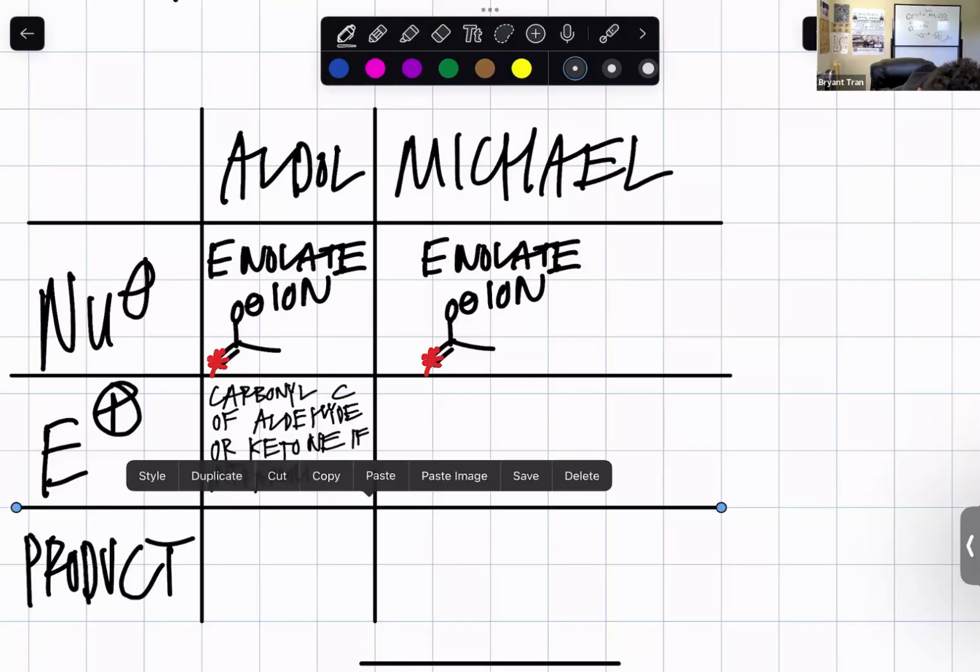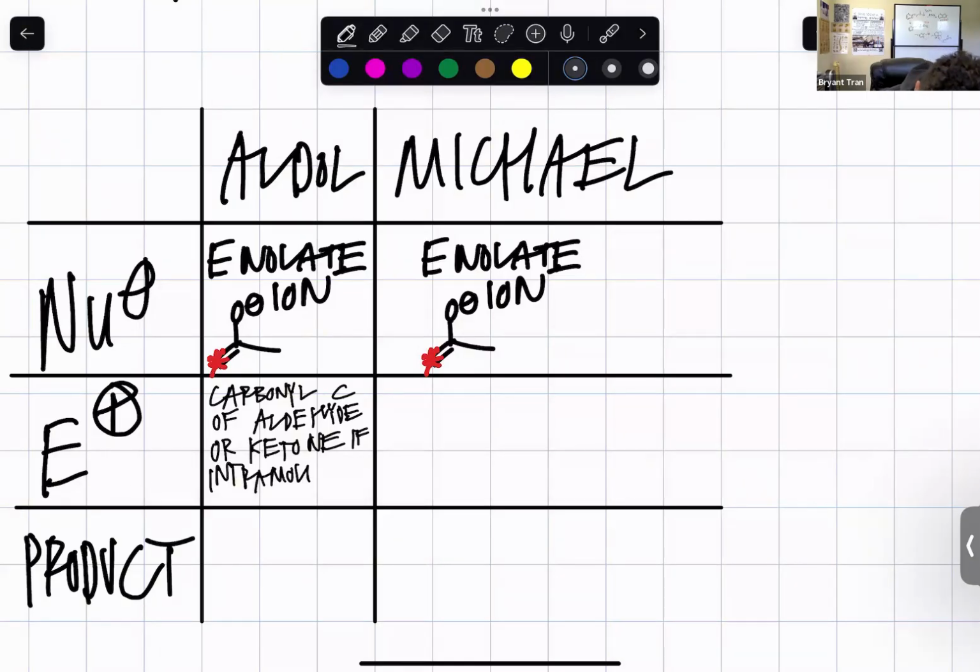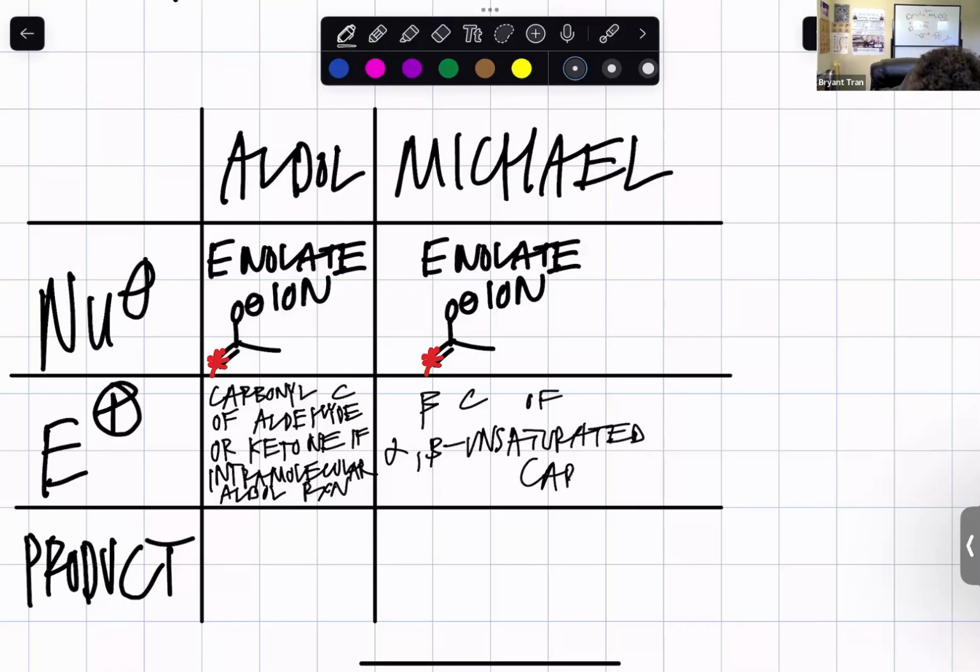If it's an intramolecular aldol reaction, right? Okay. For Michael, it's going to be the beta carbon of the alpha beta unsaturated carbonyl.